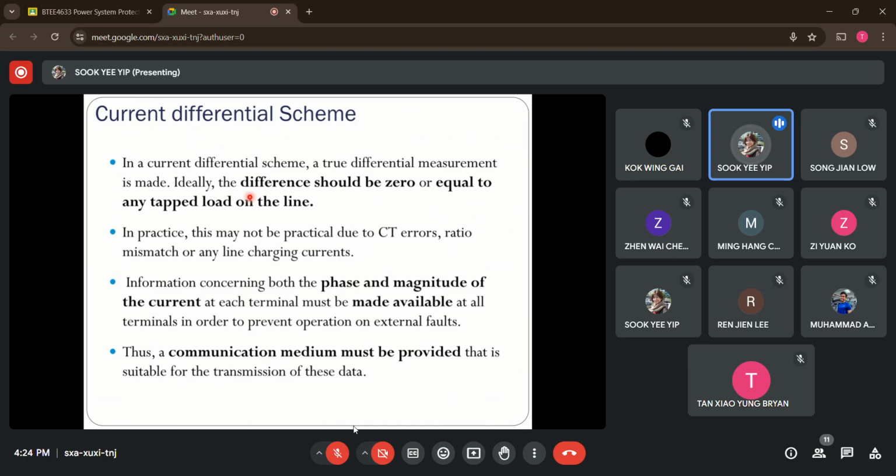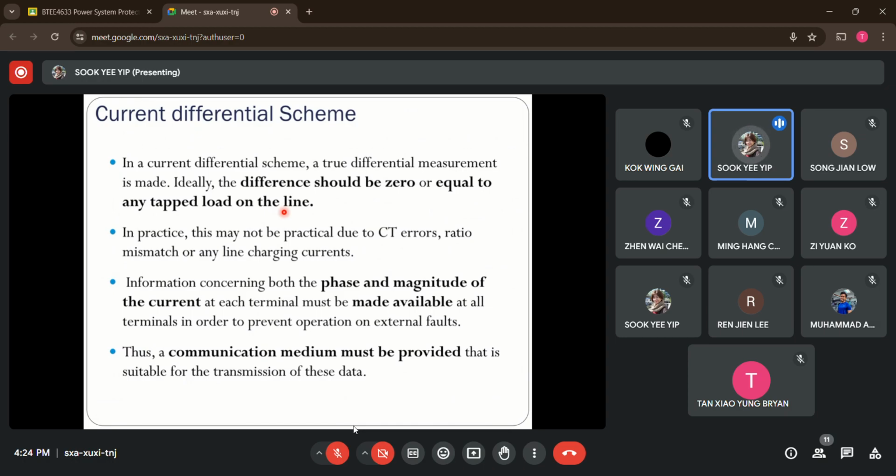Under normal situations with no fault at all, the difference between the entering currents and leaving currents should be equivalent to zero, or it can be equal to any tap load on the line if, let's say, the feeding current at both ends is not the same. So the value will change based on the location of the fault.